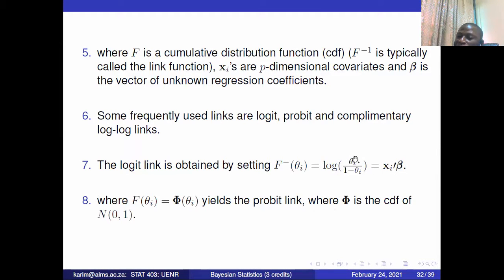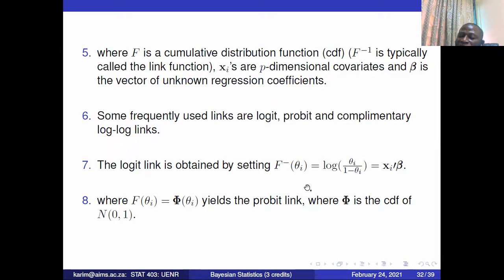Now, if we want to find theta, what do we do? Take the exponent on both sides. If you do that, you are going to have theta over 1 minus theta equals exponent of x beta. So you make theta the subject. How do you make theta the subject? You multiply 1 minus theta by exponent of x beta.